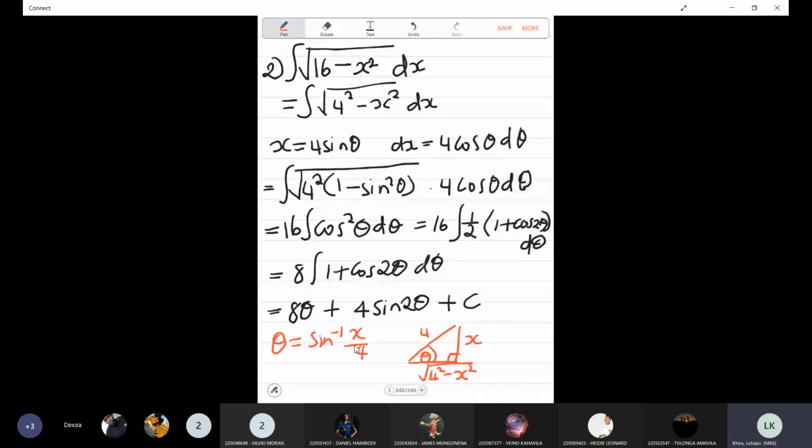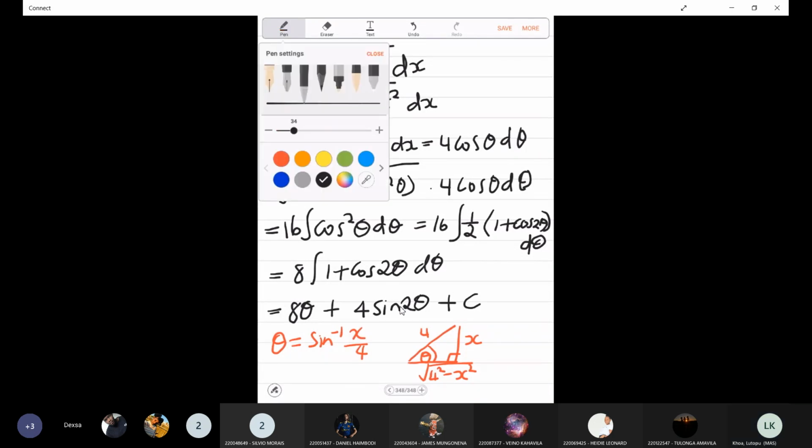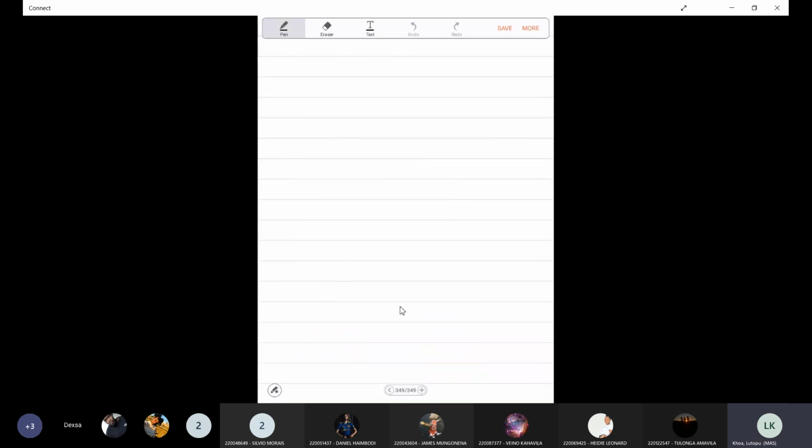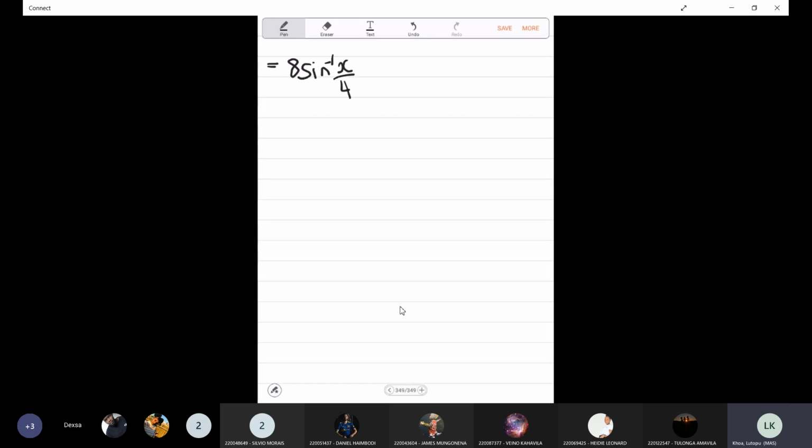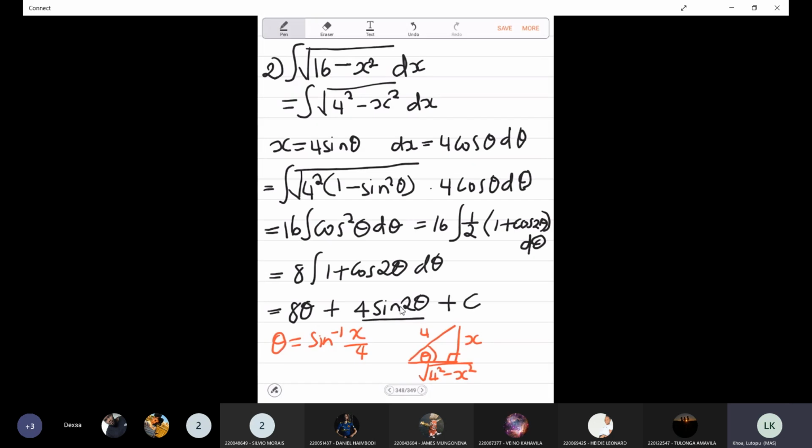So it'll be 8 times sine inverse of x over 4, and then 4 times 2 sine theta cos theta, or just 8 times sine theta cos theta. So this is 8 times theta. Theta, we said, is sine inverse of x over 4. And then this one we said is 8 times sine theta cos theta.